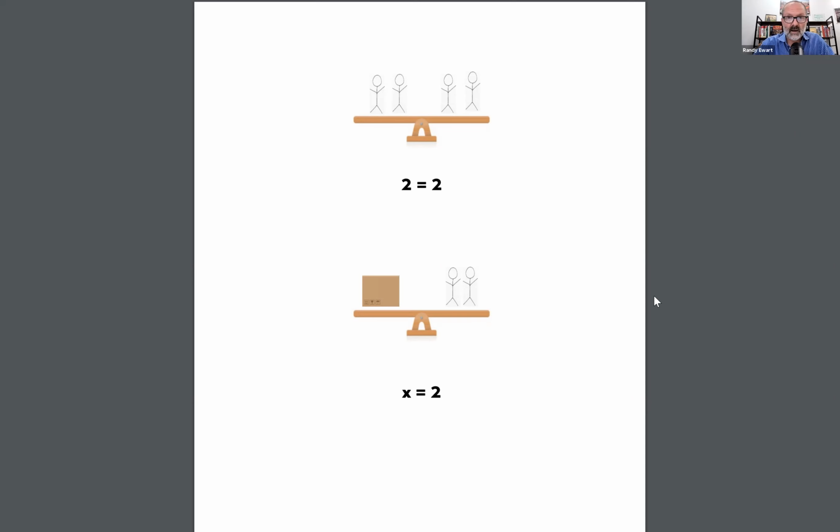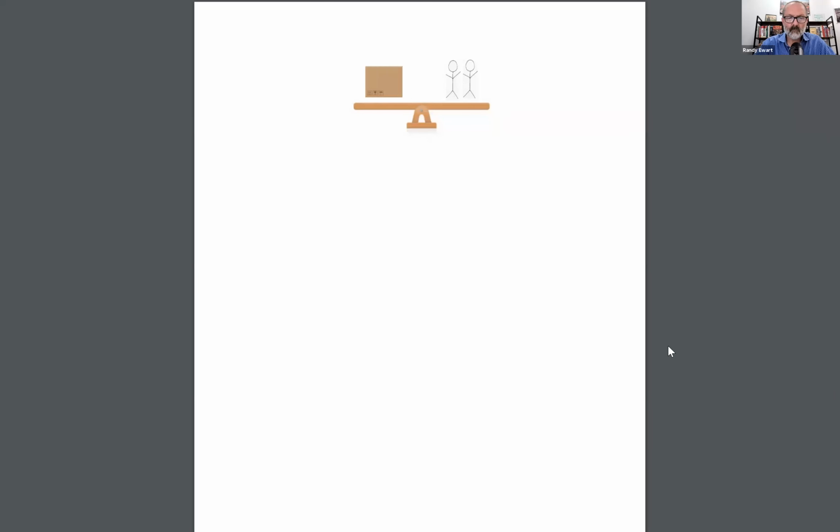Now let's talk about how we can break this apart and look at expressions. You'll see what I'm talking about here in a second. Okay, so here's our seesaw. Box equals two guys. Now I'm going to break the seesaw in half. So I have the box part on one side and I have the two people on the other side.